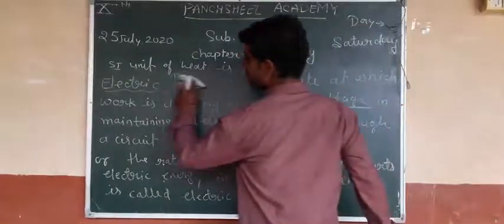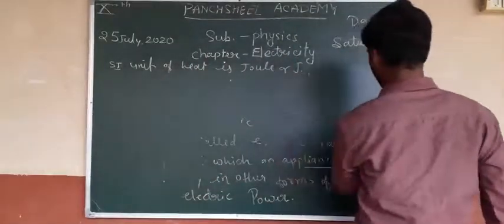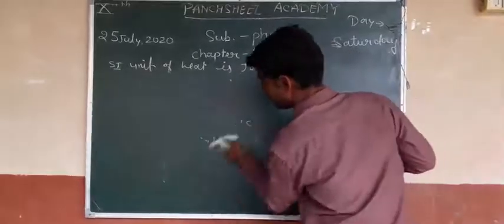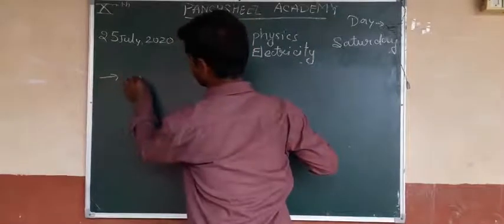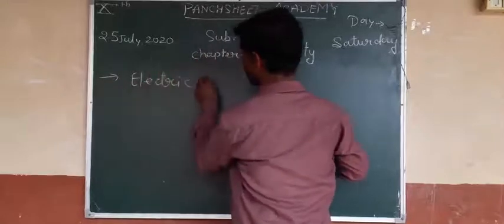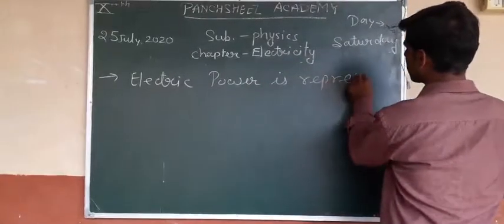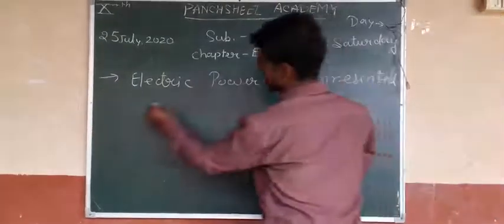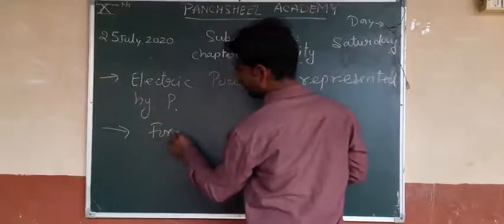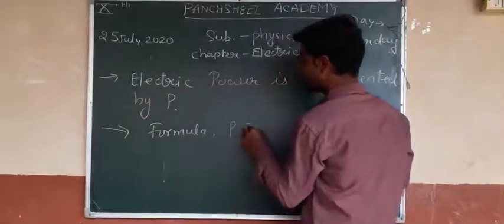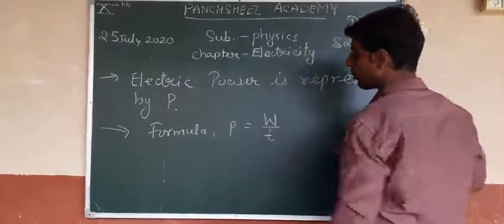Now electric power is represented by capital P. Electric power is represented by P. The formula is: P equal to the rate of doing work, so rate of doing work W upon T.